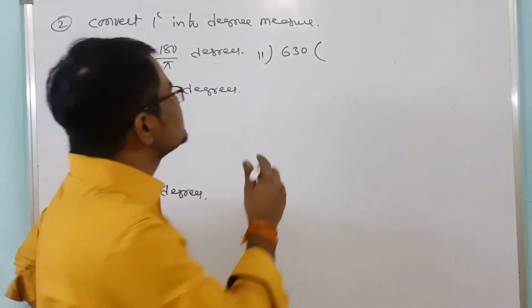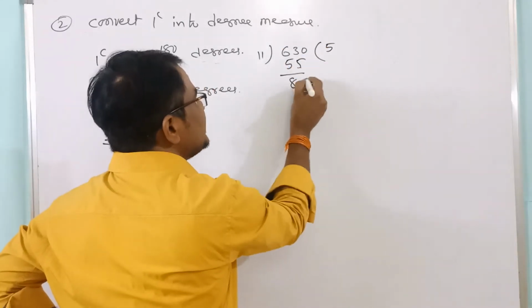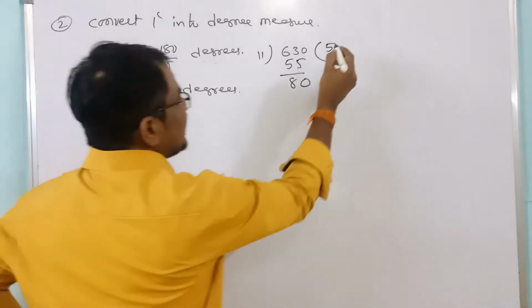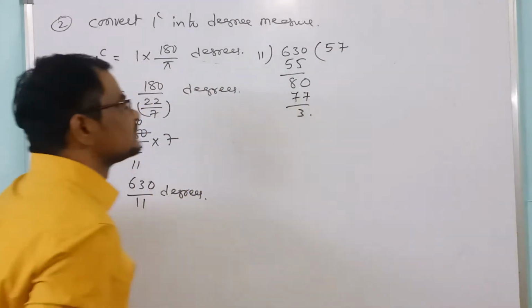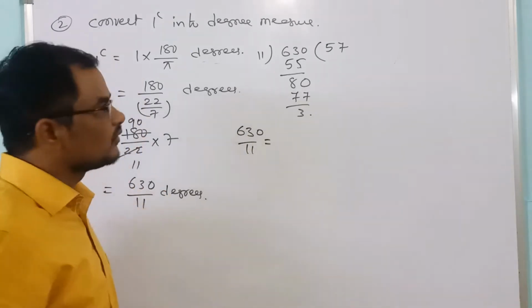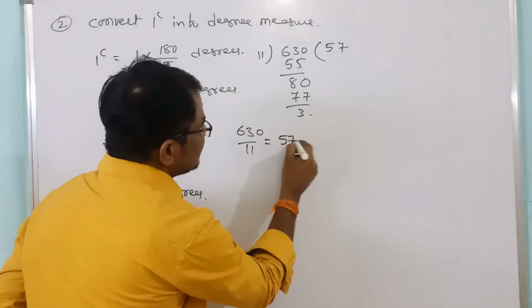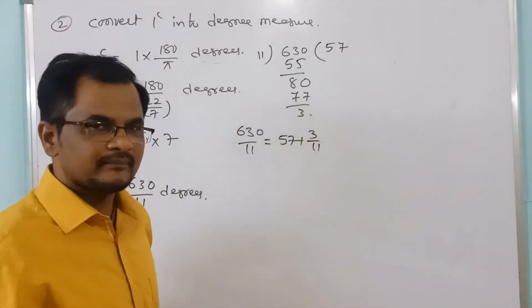So how many times? It is 5 times, 55, so 8 remaining. Again it is 7 times, 77, 3. So this 630 by 11 can be written as 57 plus 3 by 11, quotient plus remainder by divisor.